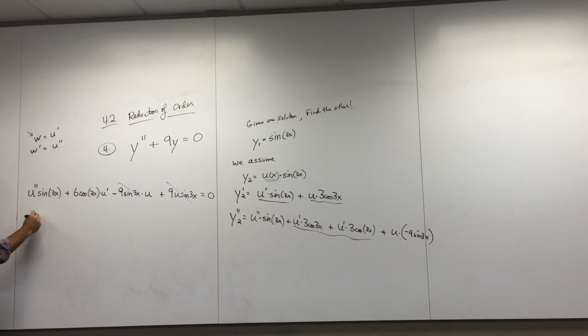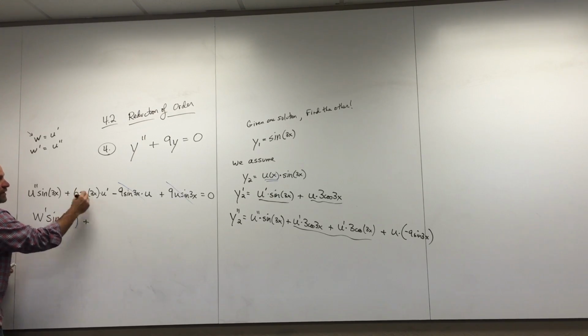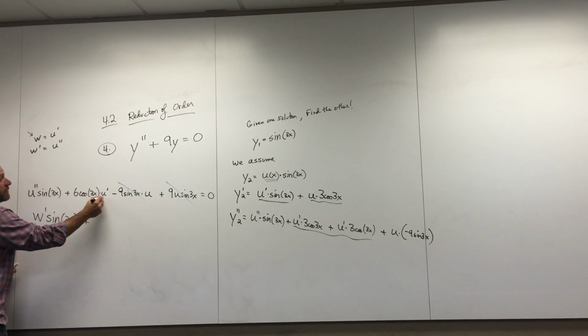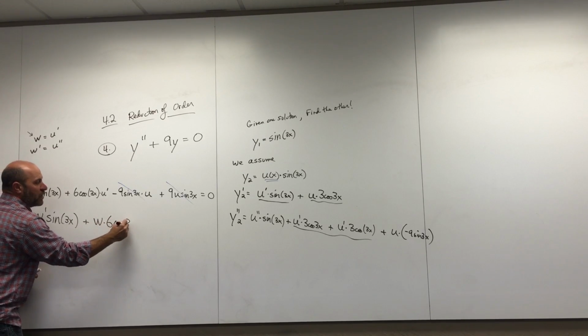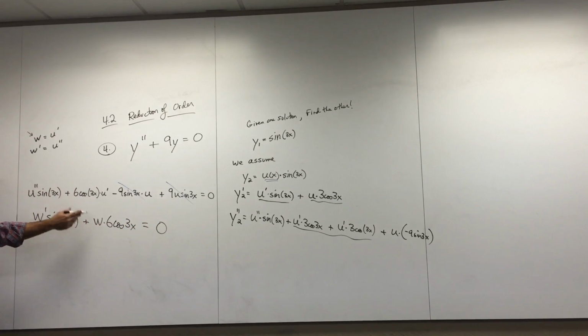So what happens? This turns into w prime sine 3x. This turns into 6 cosine 3x w equals 0. I keep swapping the order of this thing, sorry. Are you guys okay? Yeah. Now it's a first order linear DE.